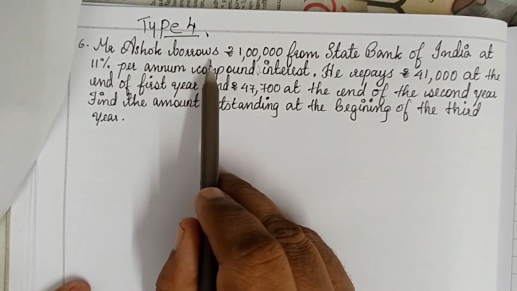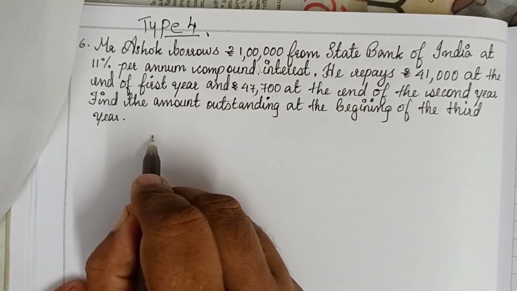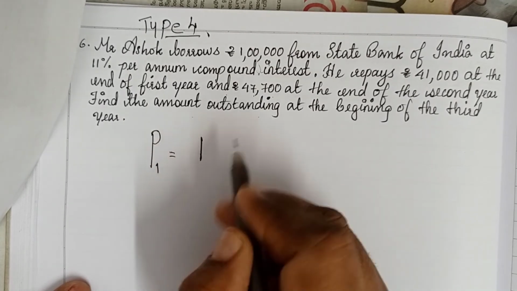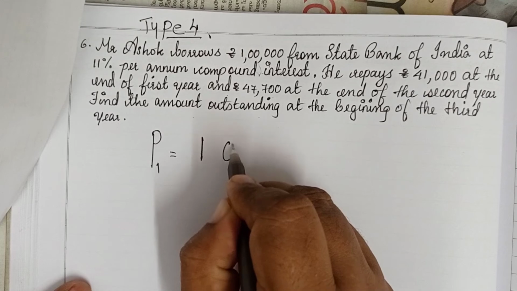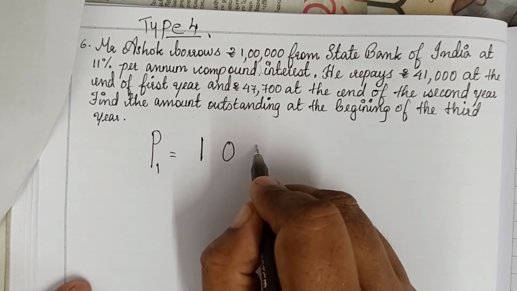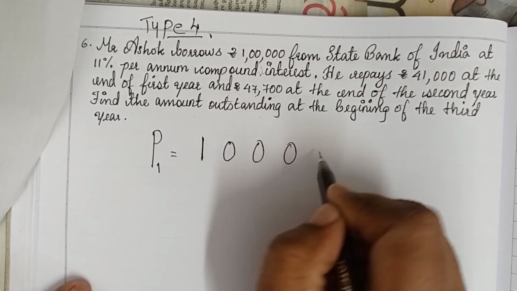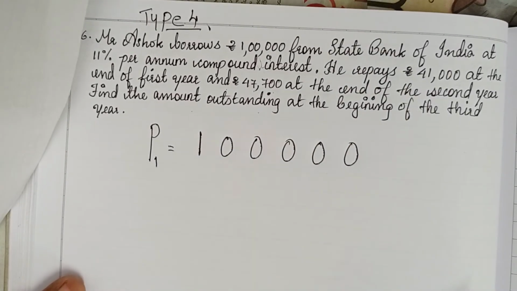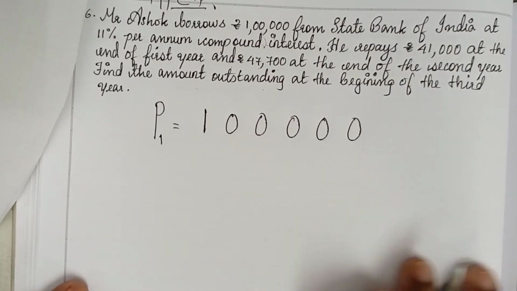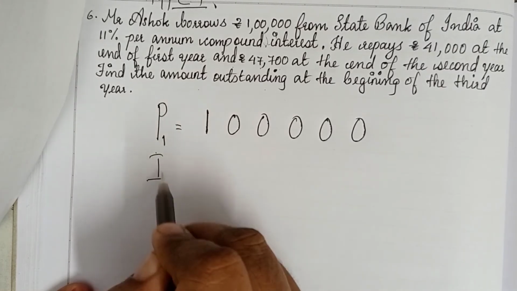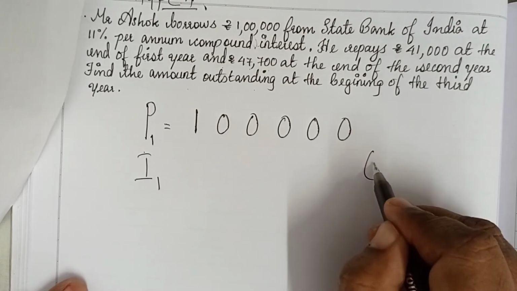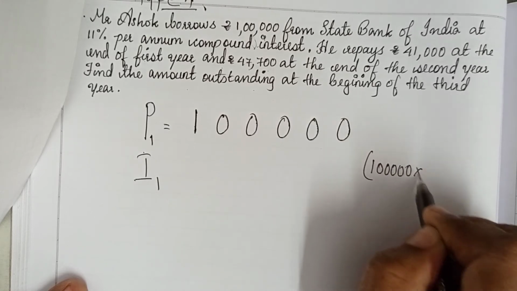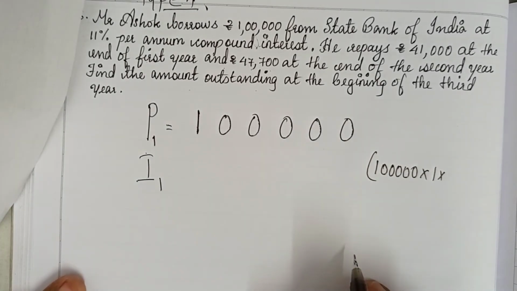Mr. Ashok borrows 1 lakh. That means P1 is equal to 1 lakh. When you write 1 lakh, write carefully. How many zeros are there? 1, 0, 0, 0, 0, 0. 5 zeros are there. Agree? Then how to find I1? Usual method: 1 lakh into 1 into the rate.